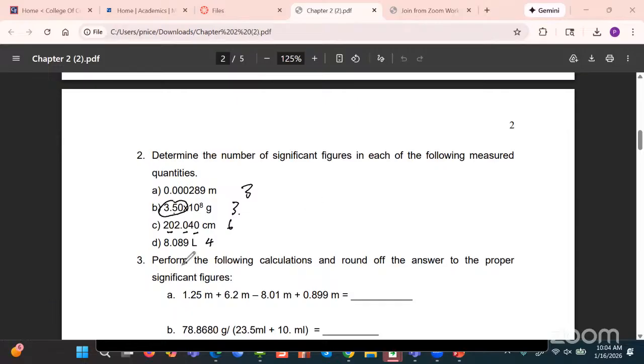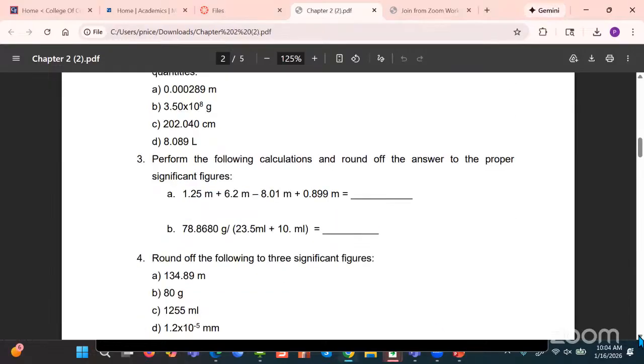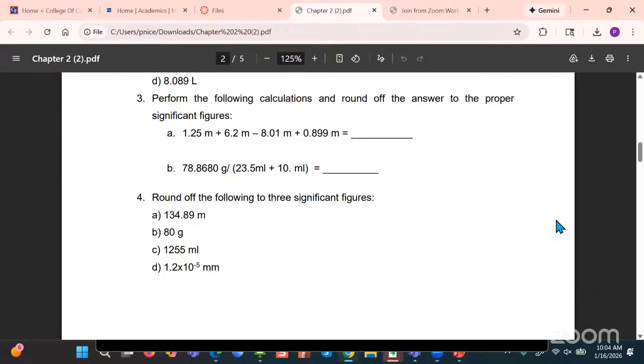All right, so let me clear this. Let's go down. And now we're going to get into a situation where we do some mathematical operations. And I'm quite sure I stressed this in the video or videos, that when it comes to mathematical operations, especially with measured numbers, you have to make sure that you follow some rules so as to get the final answer represented to the correct level of precision.